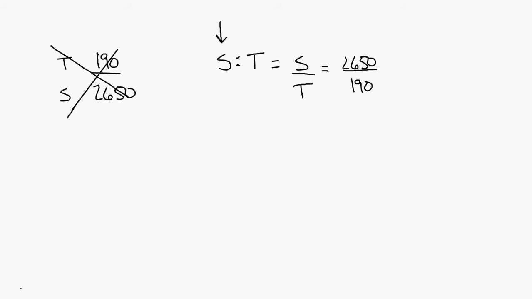You take 2650 and divide it by 190, and it's 13.95, or 14 to 1. Approximately 14 to 1. Another way to write that is 14:1, student to teacher ratio. Whatever's listed first goes in front of the colon, and whatever's in front of the colon goes in the numerator.